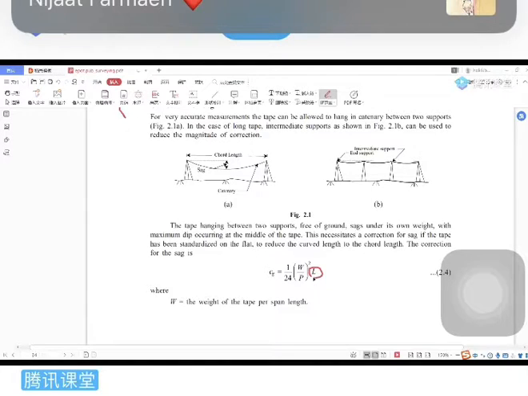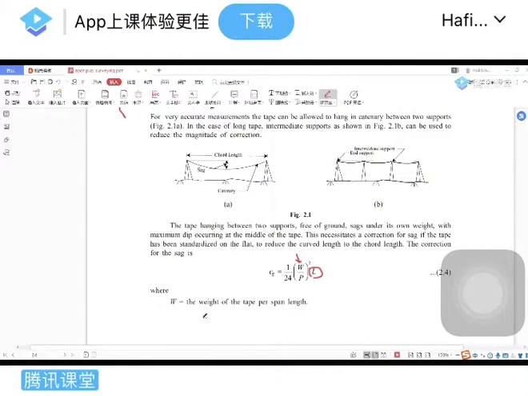And you have W. W is weight, maybe it means a weight force. It is the weight per span length. This is one span, second span, third span. So you look at the weight of this span, which means the weight of this tape. You measure the weight of this tape.